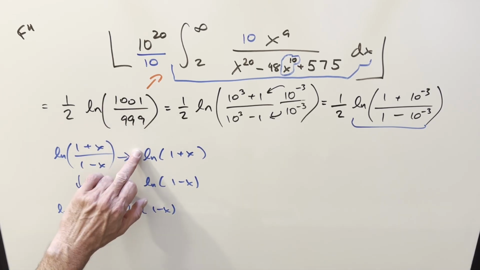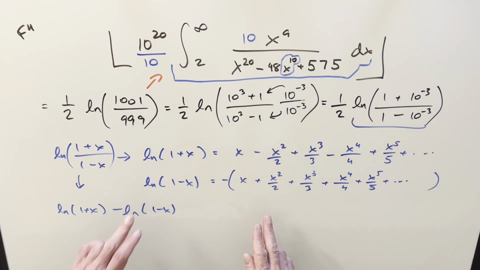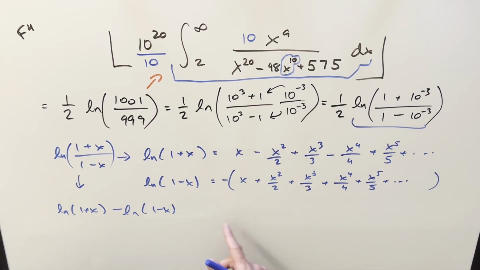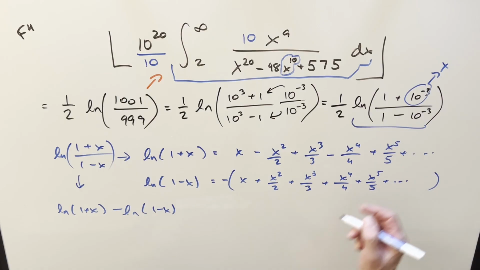So what I'll do is expand each of these out individually with power series. What you'll notice is the formulas are really similar. It's just that we have alternating signs on the 1 plus x, and then here we've got the negative out front. Again, our x value is going to be 10 to the minus 3.